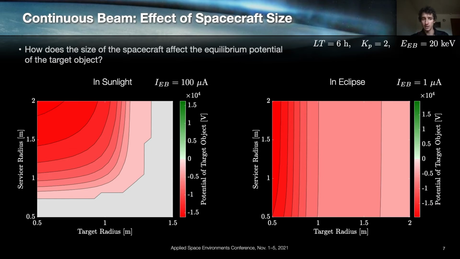But if the servicer is large relative to the target object, then the target object will actually charge a lot due to the continuous beam. And in eclipse, we have a similar scenario: as the target radius increases, we have less charging of the target due to the continuous beam. But the servicer radius would have to be really, really small in order not to charge the target object.